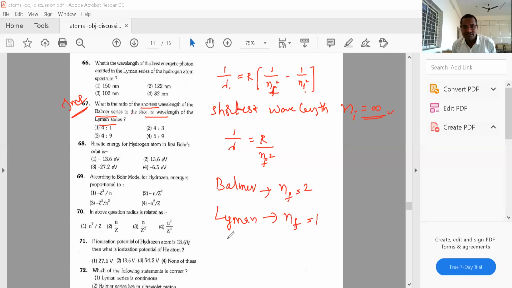So 1 by lambda of Balmer upon 1 by lambda of Lyman equals R divided by n final square. Directly we can write lambda is proportional to n final square, as R is constant.